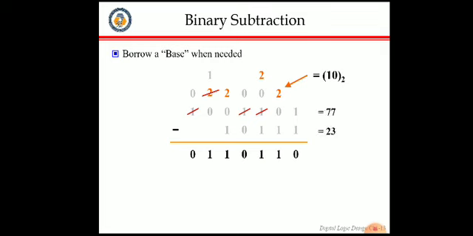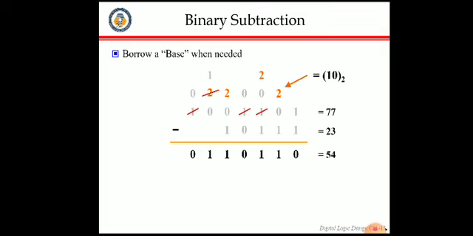The first number's decimal equivalent is 77, and the second number, the subtrahend, is 23, the minuend is 77. So 77 minus 23 is 54. We have got the exact result here. So this is the way of subtracting one binary number from another.